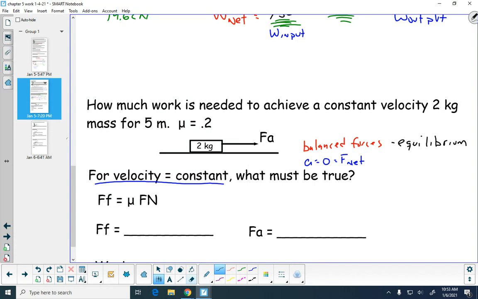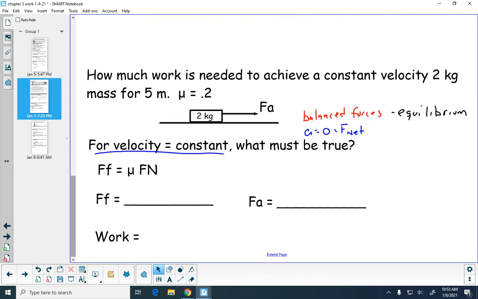If we take a look at our force of friction, it's equal to mu times force normal. Go ahead and calculate your force of friction. Now remember what we had to do. We have a 2 kilogram block. We have weight here and our force normal here.